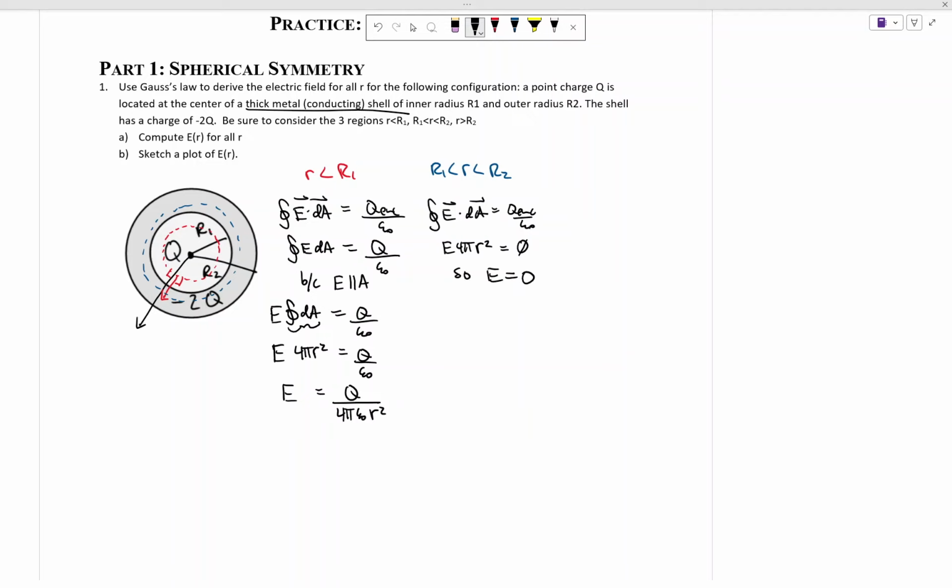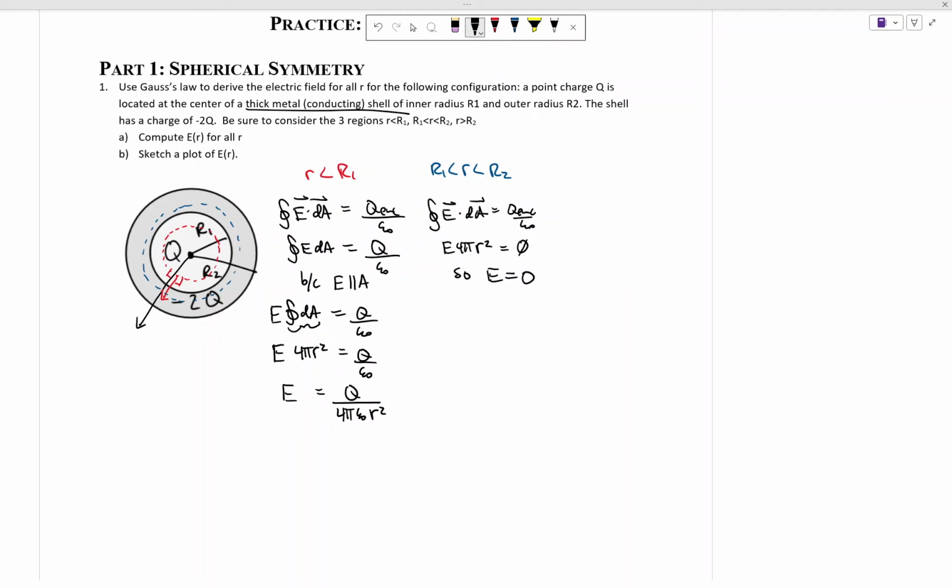And we can reason out why this is happening. We know that in a conductor the charges can move. So if you have that charge Q in the middle, the charges in the conductor, negative Q, are going to be attracted towards that charge in the middle.